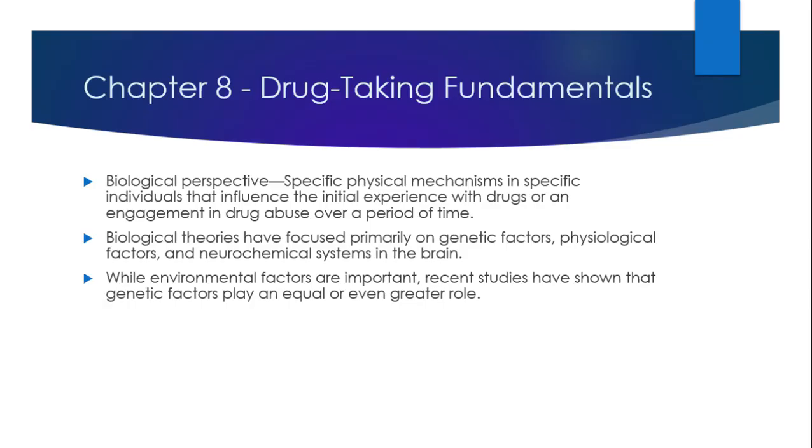Now, I think I actually listed this a little bit later, but I'll just say it now to make sure that I get it out there: the textbook is not specific about this, but the genetic studies that try to pin down what percent of drug abuse, dependency, addiction is due to the differences in people's genes, individual to individual, most of these genetic studies use this term heritability, which means how much is the genetic influence.